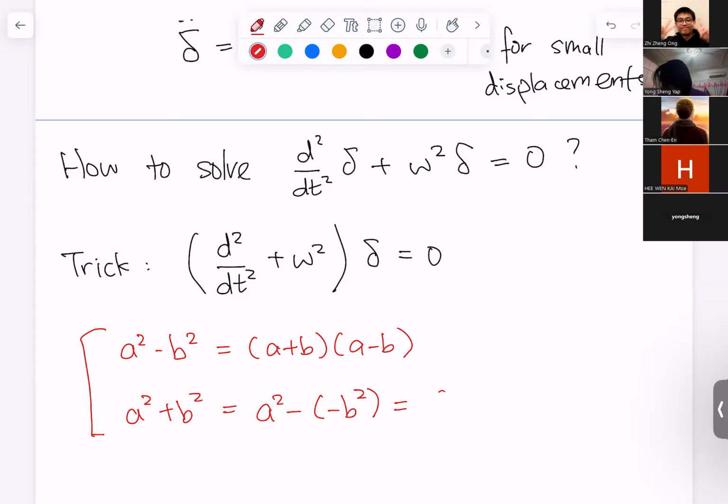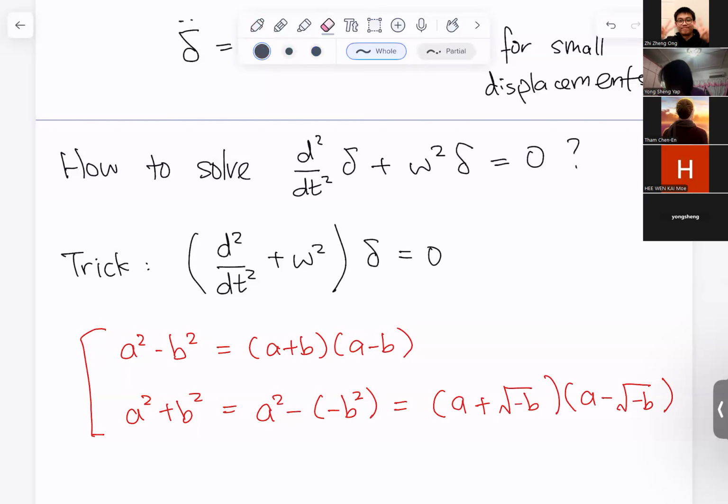So this can be written as a plus square root of negative b, a minus square root of negative b. Oh, sorry. This is square root of minus b squared.